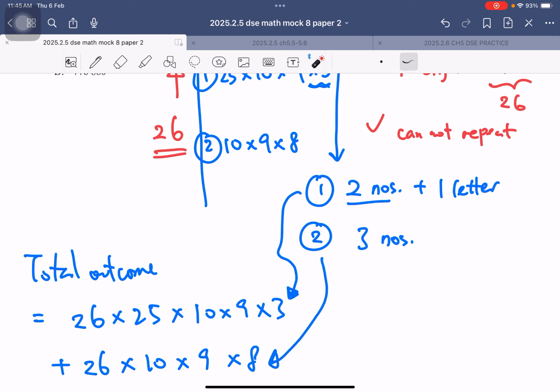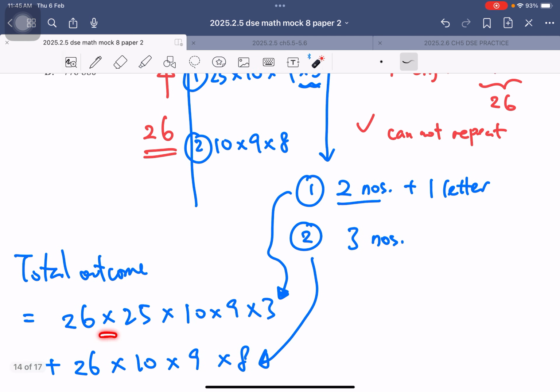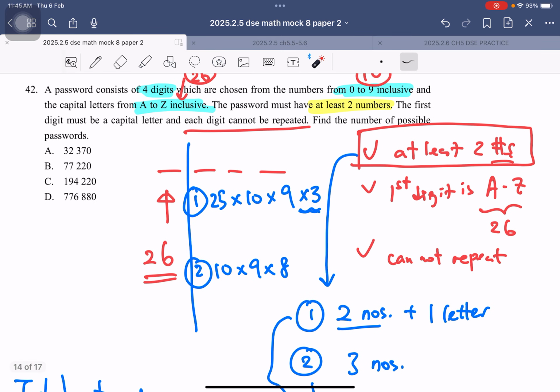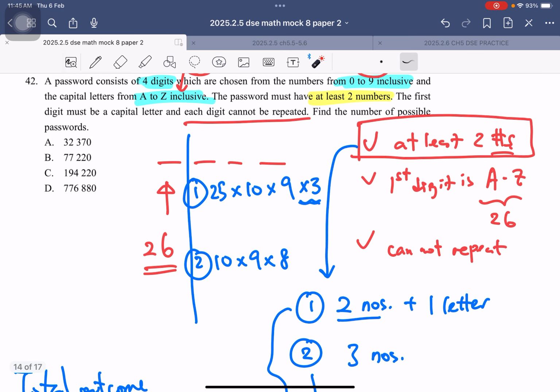The reason why I need to use the plus is there are 2 different cases. And the reason why I need to use the times in the middle is because they are making different decisions. And why do I have this 3 here? Because I'm making the decision of where I need to put my letter. I have 3 possible outcomes for where I put my letter. So I do times 3. It's a little bit hard. So C.